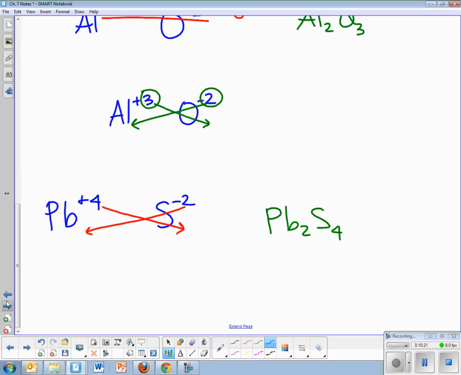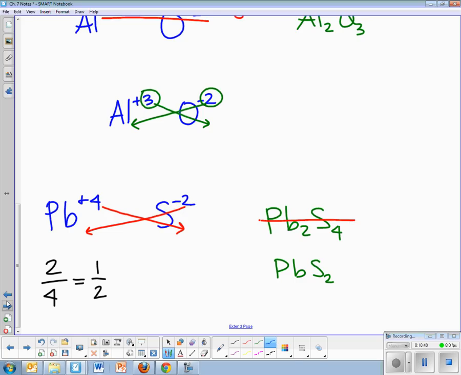For instance, your math teacher would probably mark 2/4 incorrect because you should be writing 1/2. Both of those numbers, 2 and 4, can be divided by 2. So you should be writing PbS2. 2 divided by 2 is 1, that's why it's 1 lead. 4 divided by 2 is 2.